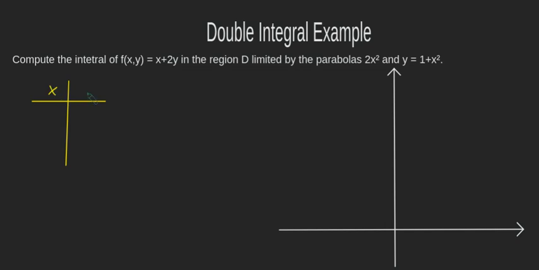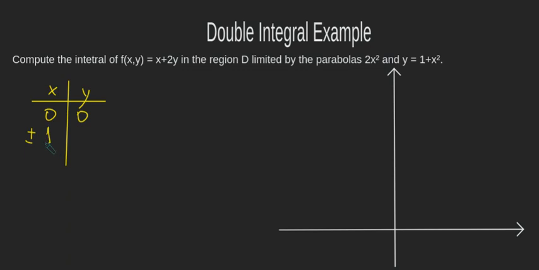I will take some values here. I will take 0, plus or minus 1, plus or minus 2, because in both parabolas the x is squared, so it doesn't matter the sign, okay? So when x is 0, 2x squared will be 2 times 0, which is 0.